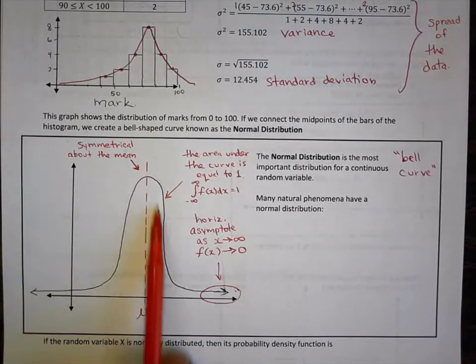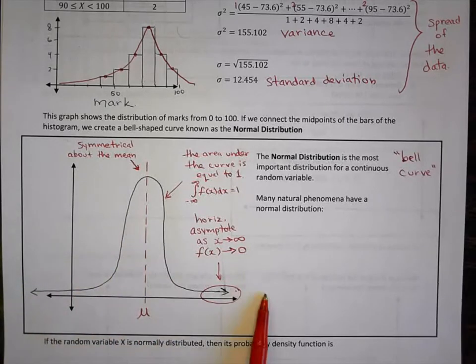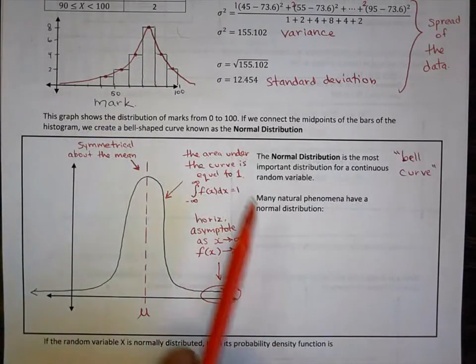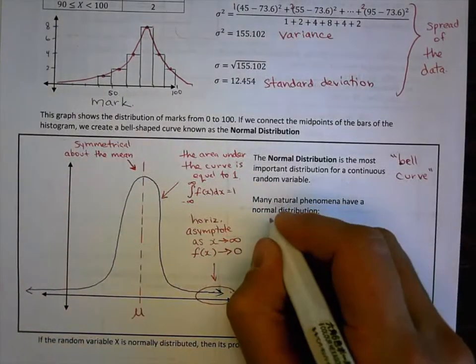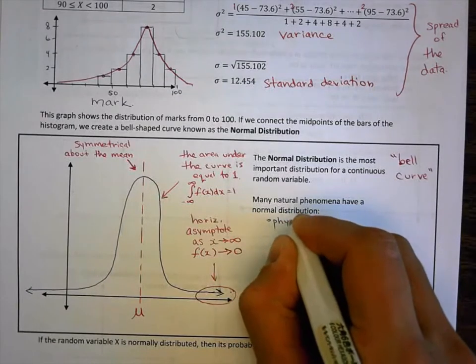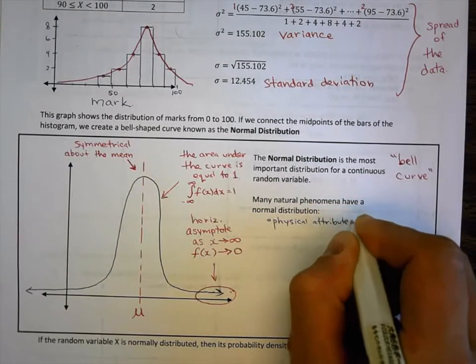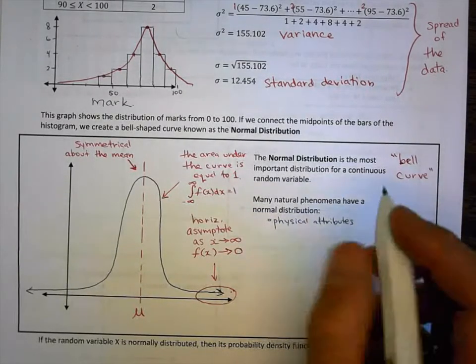We have a central value where most of the population lies, and then it drops off as you get further away, just like with the test scores. The reason it comes up so much is that a lot of things follow this phenomenon. Anytime you're looking at physical attributes, it follows the normal distribution.